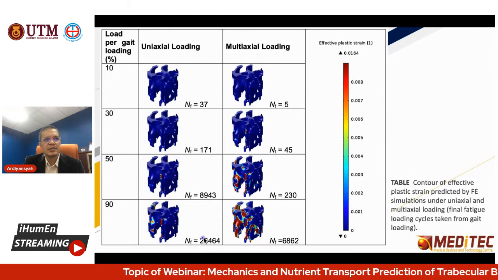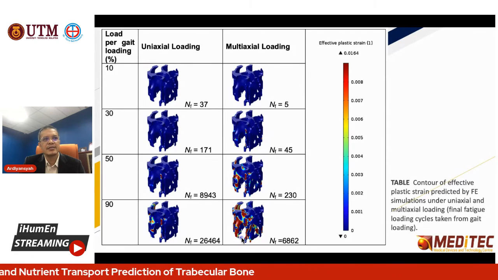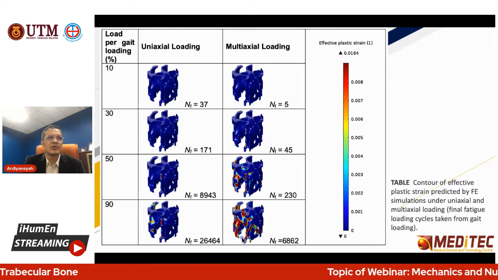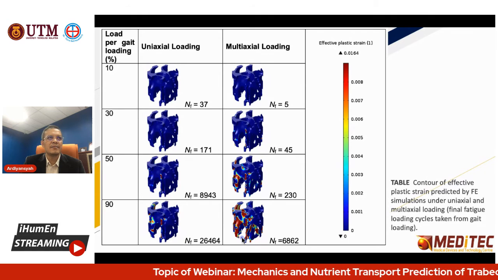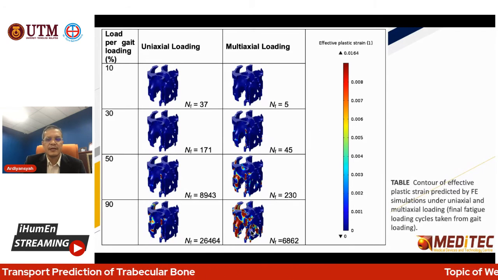The red one is the one that is near to failure for the cancellous bone. So multi-axial loading causes faster failure in the trabecular bone structure.